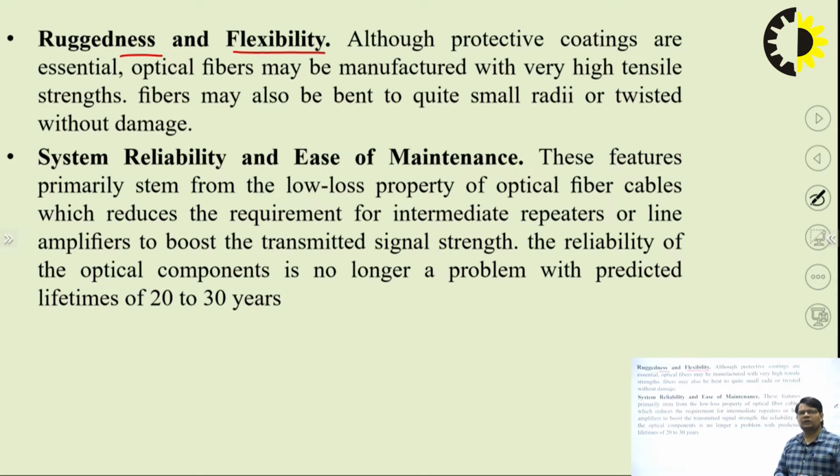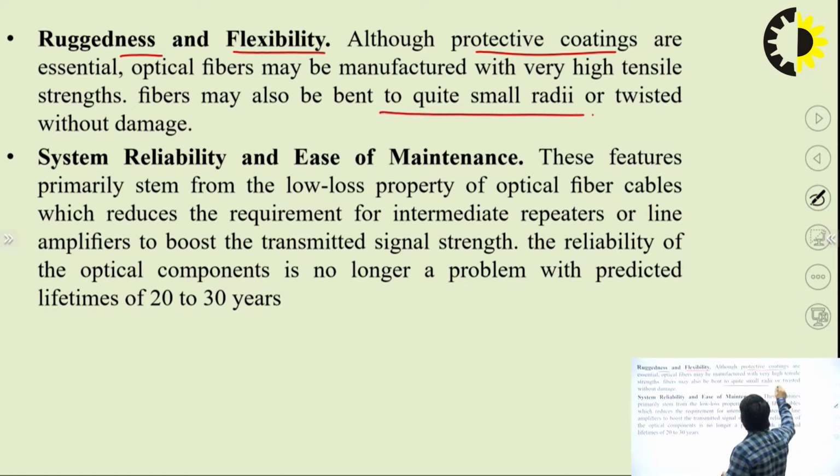Optical fiber coating is also provided over the fiber. The protective coating provides mechanical strength and protection to the fiber. The optical fiber cable may be very small in diameter, and the strength is sufficient, so it cannot be easily damaged.